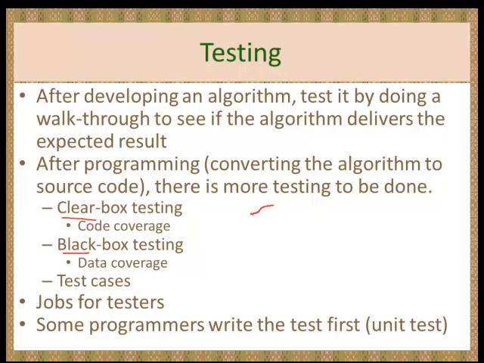If I know, for example, the source code, do you remember this structure where you can go true on one side and false on the other? I know that there's an if statement, and I want to make sure I write test data that goes on both sides of the if statement. That's called code coverage.